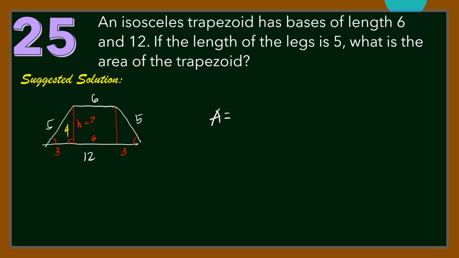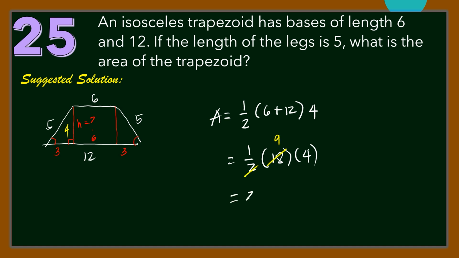Area is equal to 1/2 the sum of the bases, that is 6 plus 12, times the height. And this is equal to 1/2 times 18 times 4. 18 over 2 is equal to 9. Then we have 9 times 4, that is 36 square units.